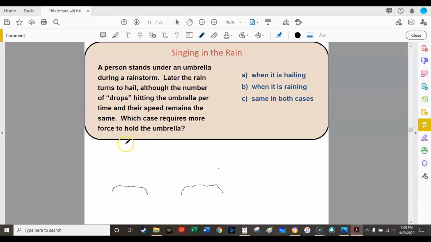Its umbrella is in a rainstorm. So you've got a drop of rain right here. It looks like a little guy with a hat. It's got a velocity down, so it's going to have a negative initial velocity, and so its momentum is going to be negative.